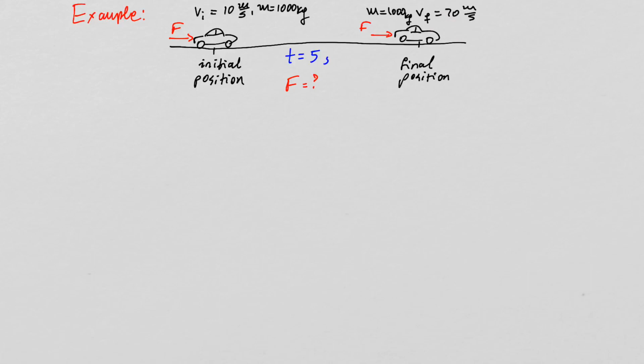And so in order to answer this question, we must apply the impulse momentum theorem. The impulse momentum theorem states that the force times the interval of time for which the force was applied, so that is the impulse of the force, must be equal to the change in momentum.